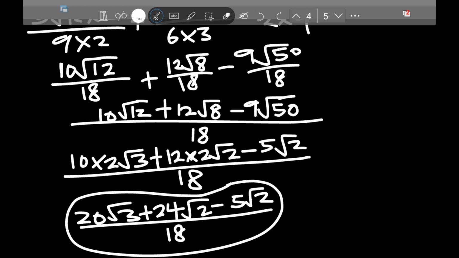You can do it quicker if you want to, and 12 and 2 together. So you can see that we wrote the answer here. But when it comes to factorizing, we couldn't factorize this expression here. So that is why we leave it as 20 root 3 plus 24 root 2 minus 5 root 2 over 18, because we couldn't factorize it.